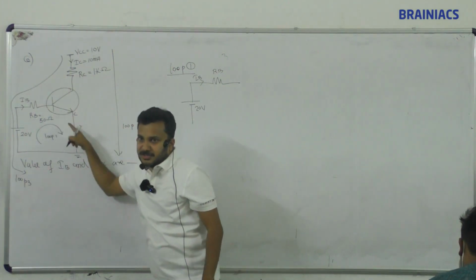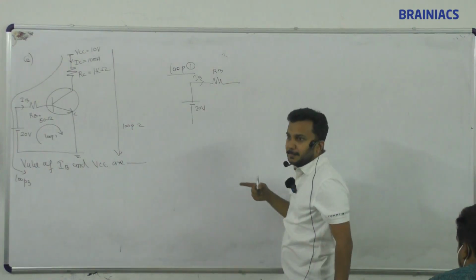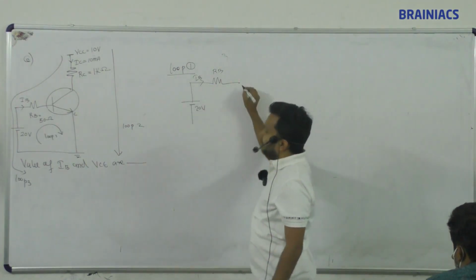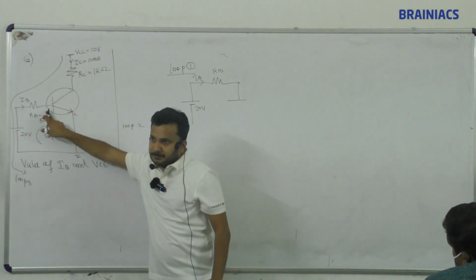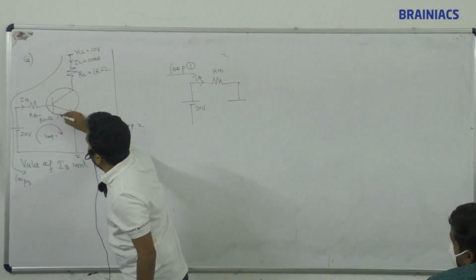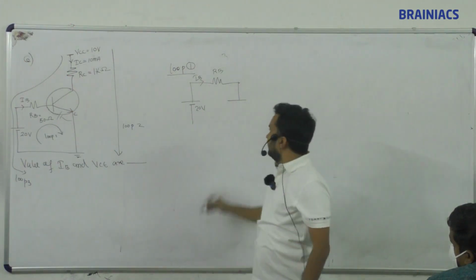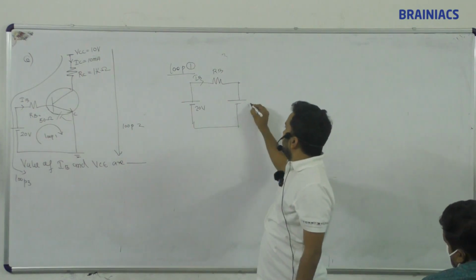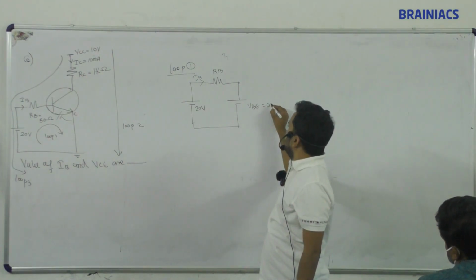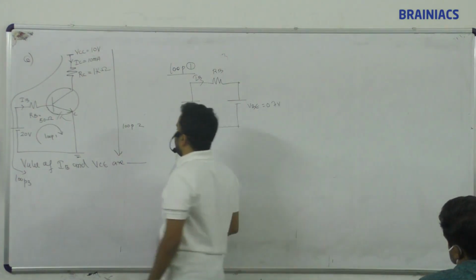Base emitter junction. Base is what biased normally? NPN, so forward bias. Apply a positive voltage first at the base, plus minus. Connect this, this is loop 1. This is called VBE. What is the value of this one? 0.7 volt.